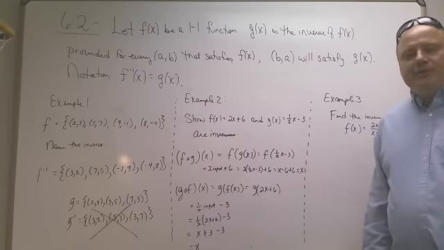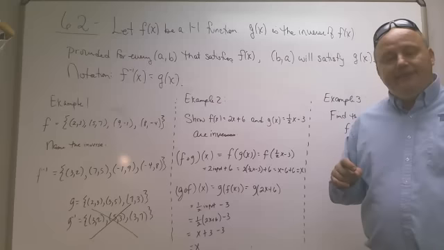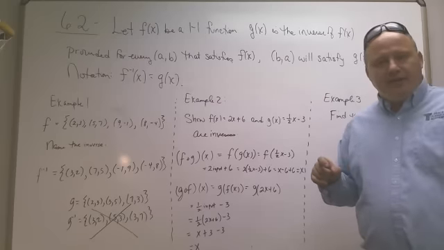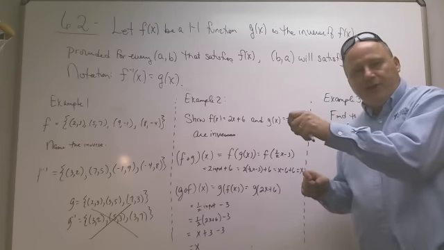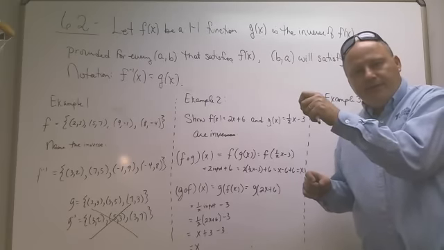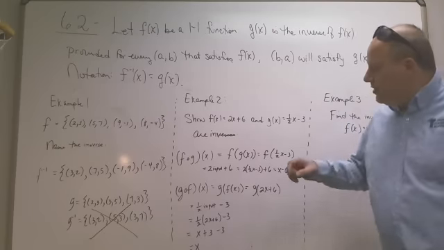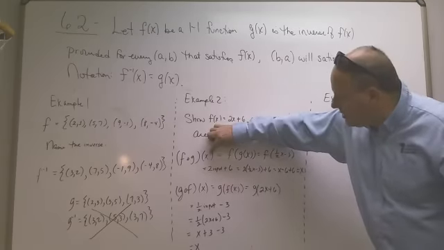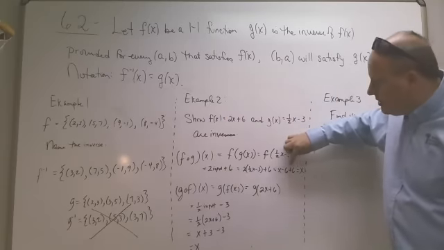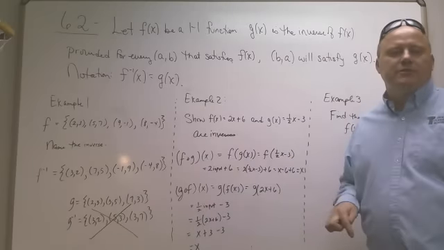And like we talked about in class, what's happening here is if two functions are inverses, if you take something and you plug it into one function and you get an output, and that output you plug into the other function, it's got to go back to what you started with. If you look at this problem, I started with an x, I ended with an x.